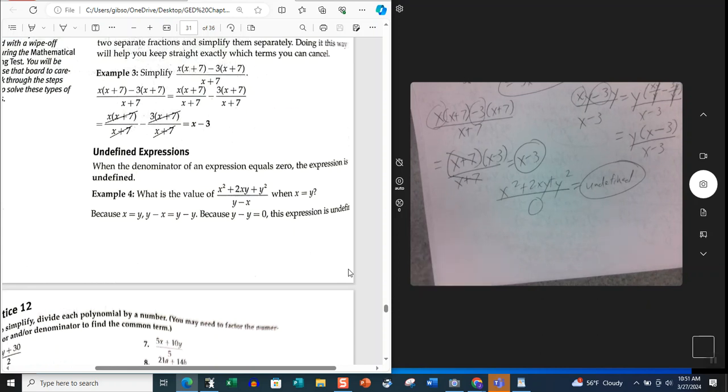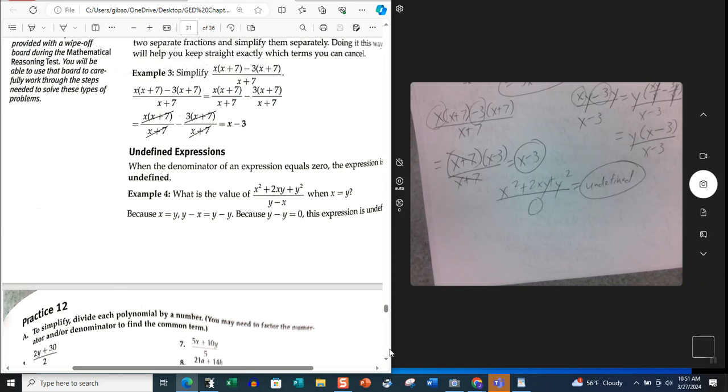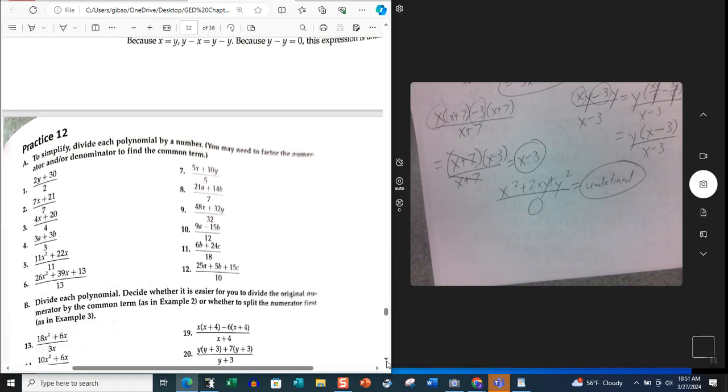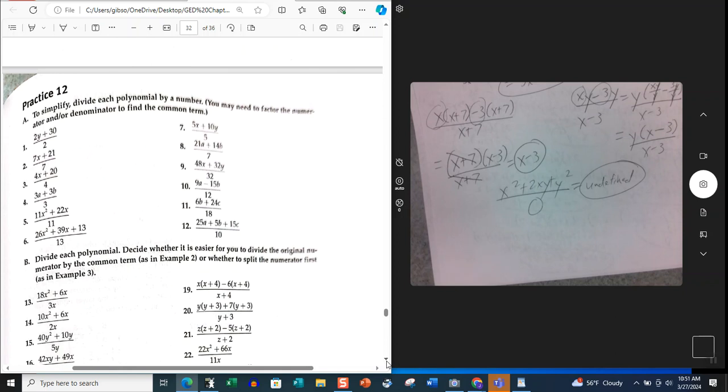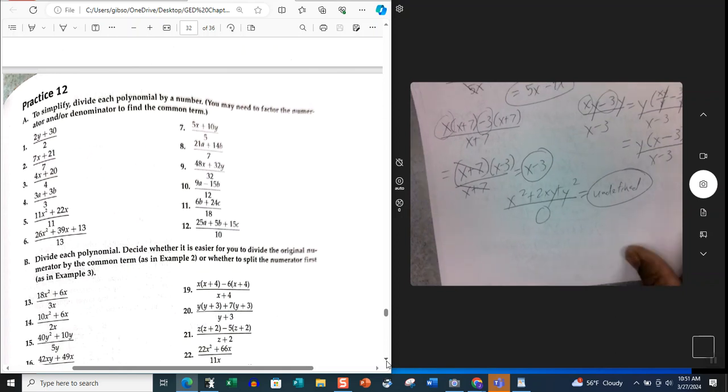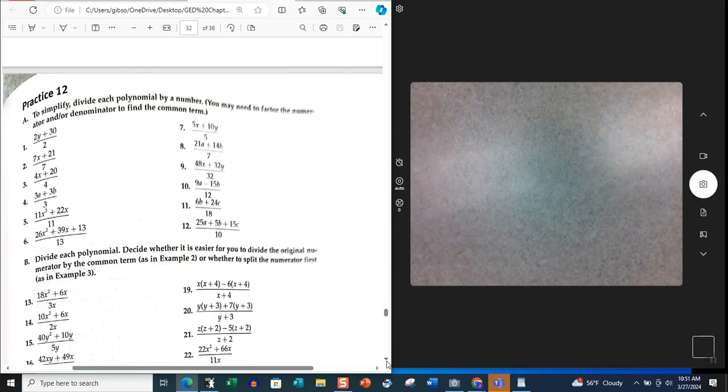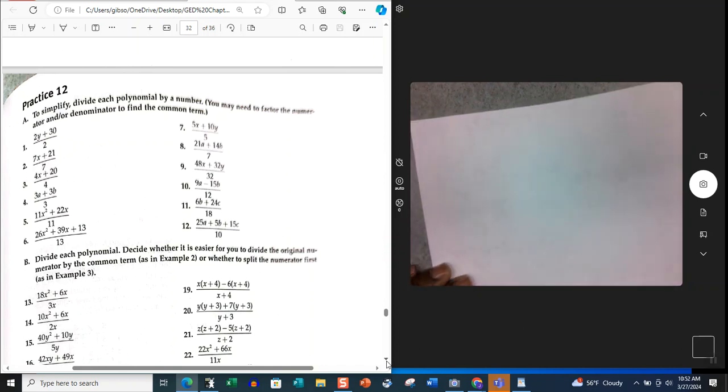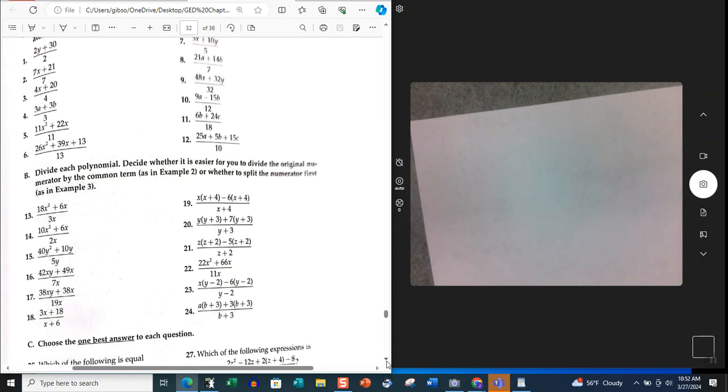All right, now, that is enough for the examples. Let's go to some actual problems here. Now, we got quite a few problems, but we're going to get through them. So, let's start out. It says to simplify, divide each polynomial by a number. You may need to factor the numerator and or denominator to find a common term. Okay, I want to read the directions for B2.